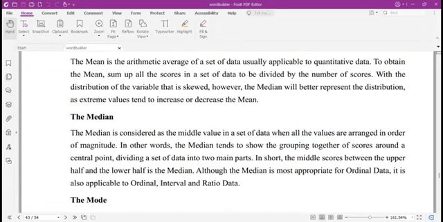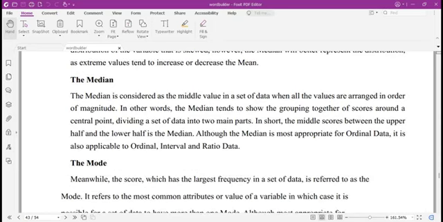So when you divide your set of data into two main parts, the upper part has to be equal to the lower part. Then you now look at what you have in the middle. That is your median. Although the median is most appropriate for ordinal data, it is also applicable to interval and ratio data.